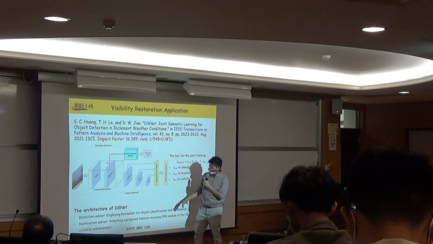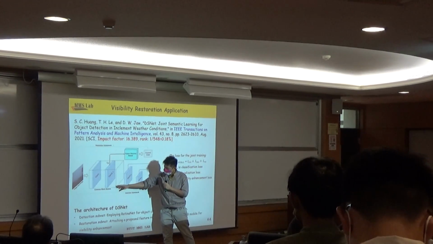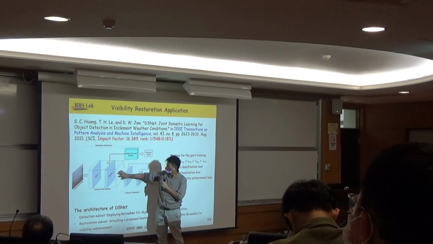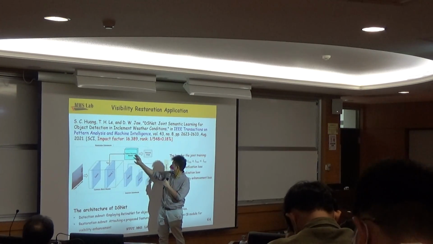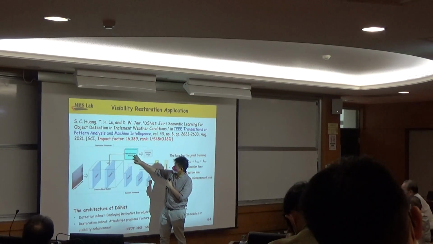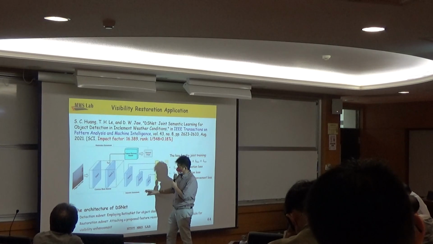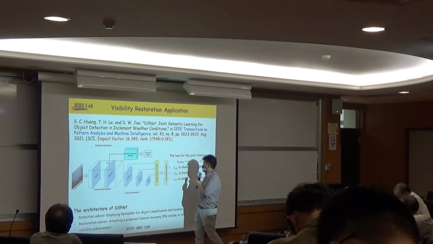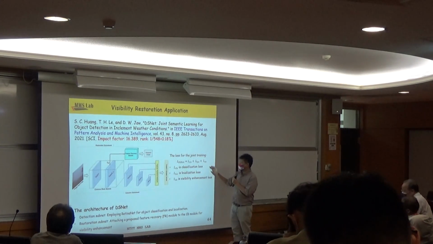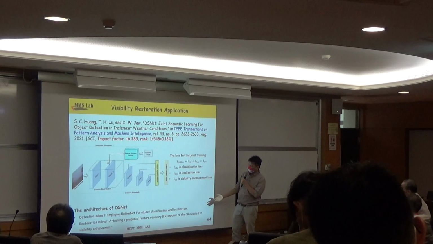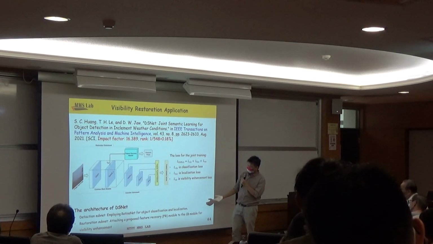As you can see, this is a part called the common block module, and it will show the features to the feature recovery module. Also it will share the information to the detection subnetwork. So this is the loss function in our research work, and the architecture of our DSNet.